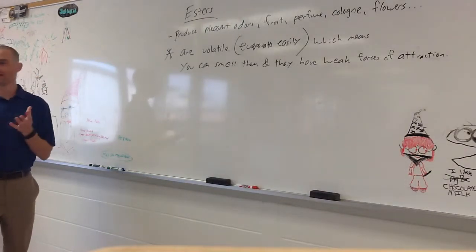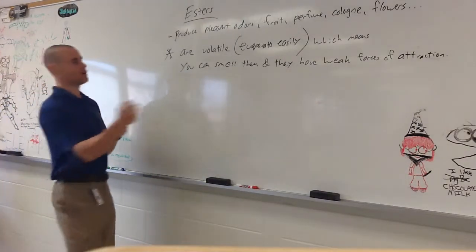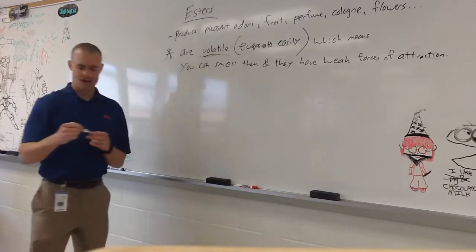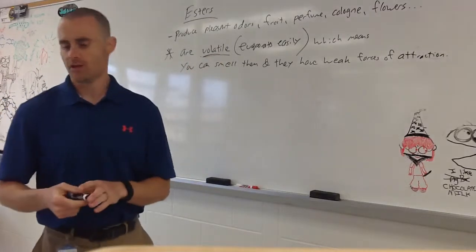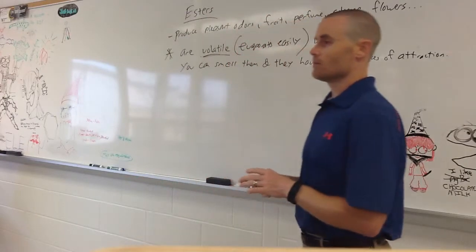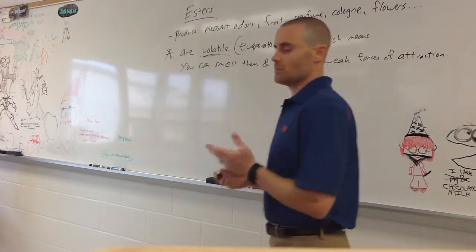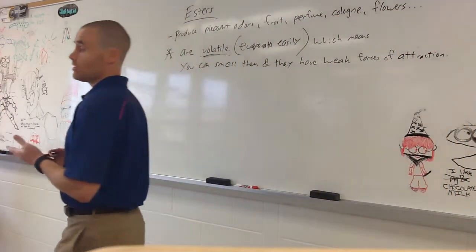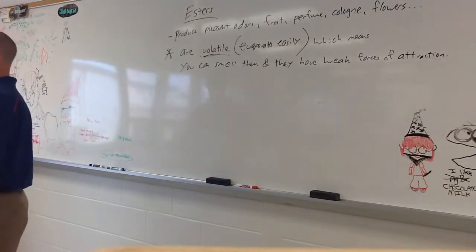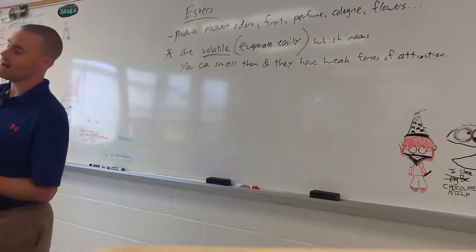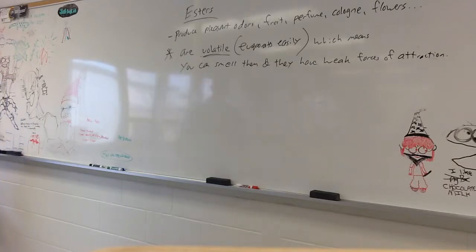So, volatile. What does that mean? Evaporates easily. That's an important word in real life people should know. I think a lot of people think volatile means it explodes. That's not what it means. Volatile just means things evaporate easily. So nail polish remover is volatile. Gasoline's volatile. The problem is a lot of flammable things are volatile because the only thing that burns is vapor, not liquids.